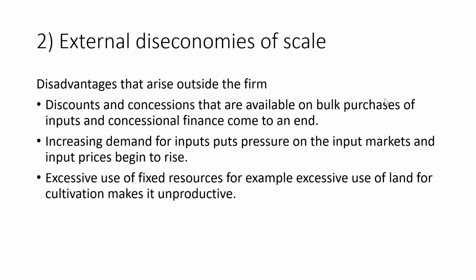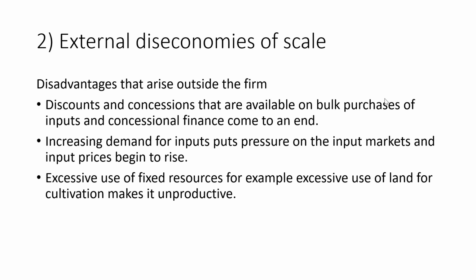There is also an excessive use of the fixed resources. For example, in agriculture, excessive use of the cultivable land for production makes it barren, and therefore the returns will keep diminishing. Maybe another example is the fishing sector.